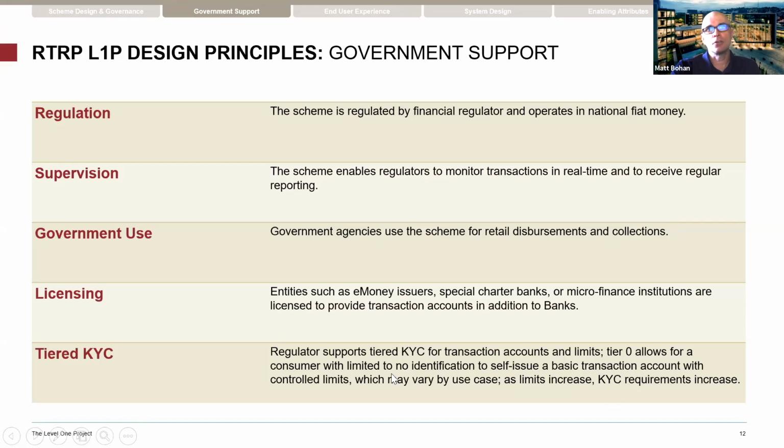So this is really someone who can come in, self-issue a basic account, be connected to the system, make and receive small payments at relatively low velocity that creates very little risk for the system, and over time they can increase their limits and their activity through additional interactions with the system and additional presentations of identification.